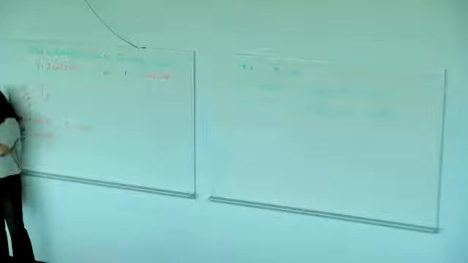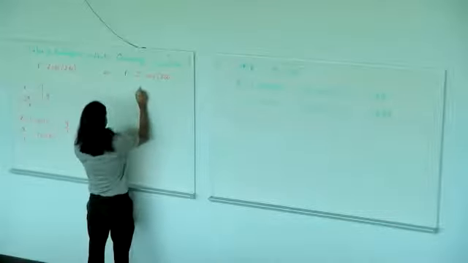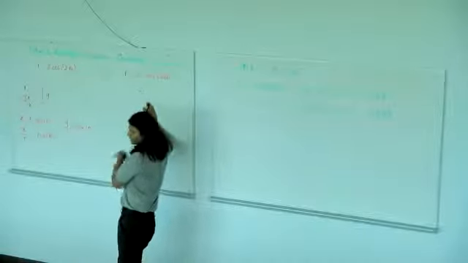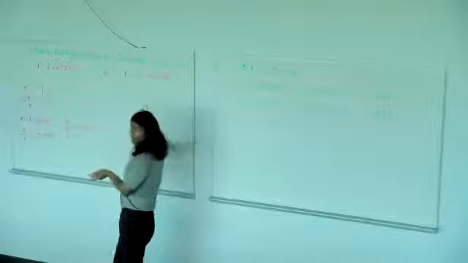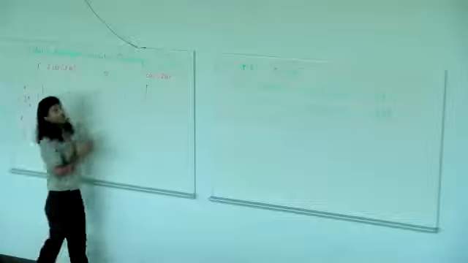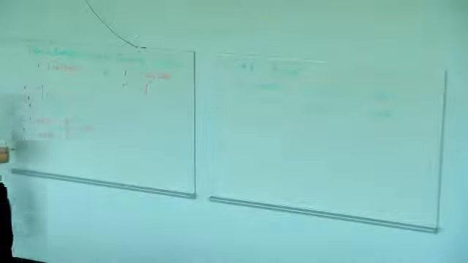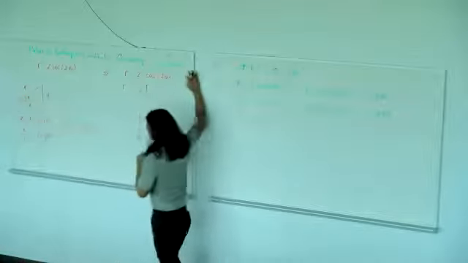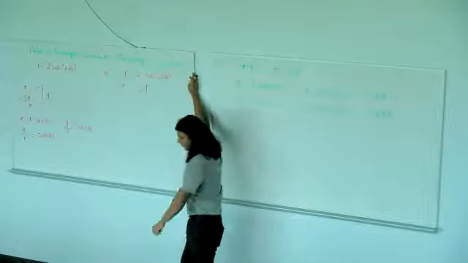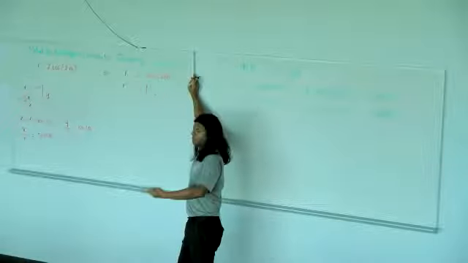This is where identities come into play. Somehow I want to get rid of it or do something with it. But prior to doing that, I am going to write cosine 2 theta in terms of sine and cosine, or you can simply write it in terms of cosine. You pick.